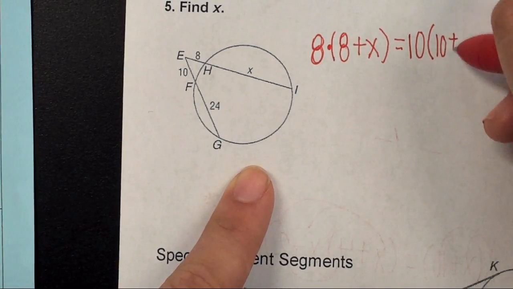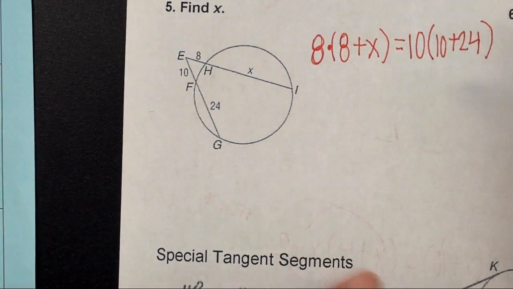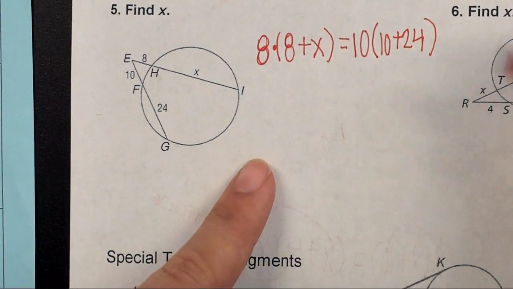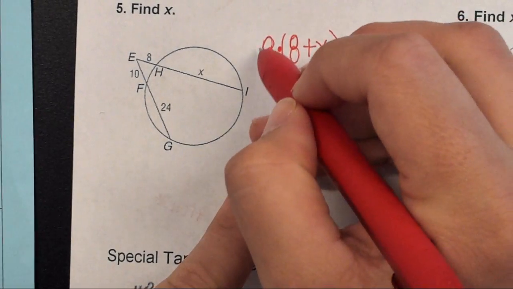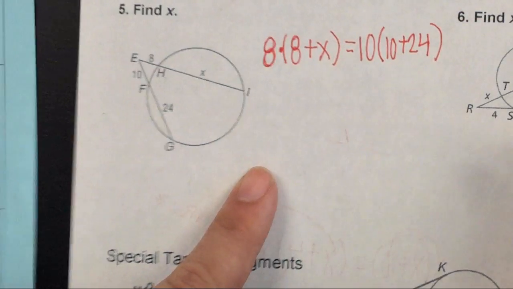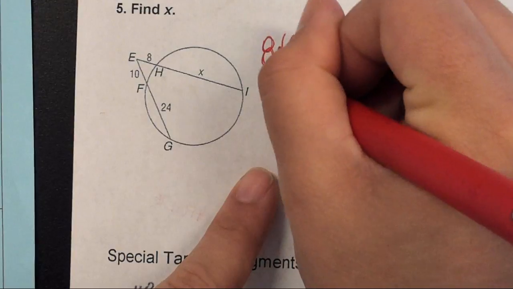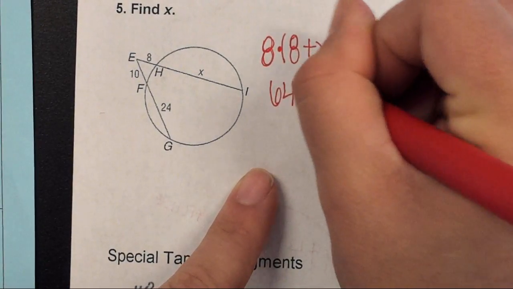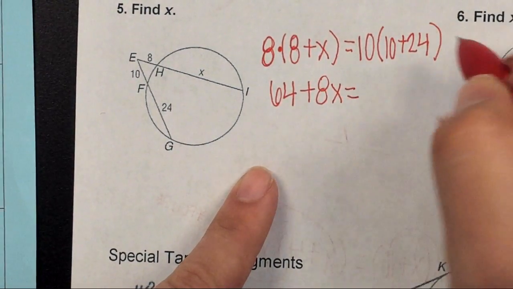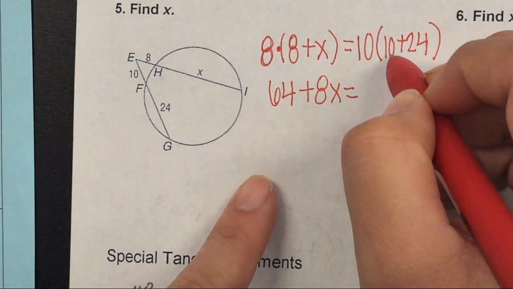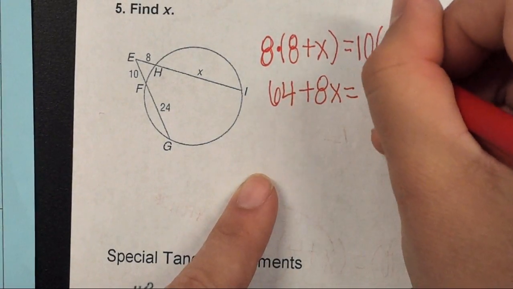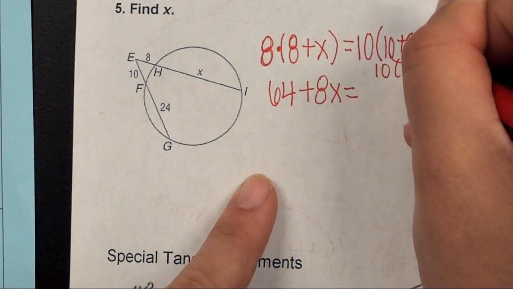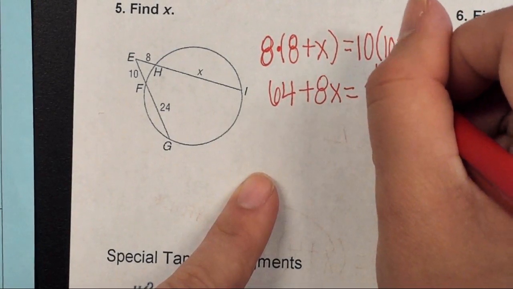I'm going to write 10 plus 24. If you want to condense that already, that's fine. So from here, can I distribute this 8? What's 8 times 8? So you're going to have 64 plus 8x equals, now, if you condense this, that does become 34. So you really have 10 times 34, which is 340.